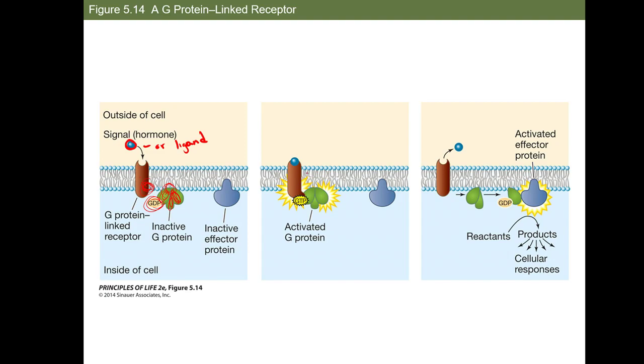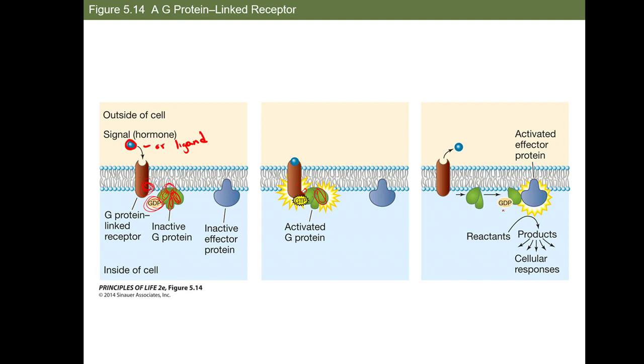So now this changes shape when the ligand is in place, giving its phosphate to the GDP, making it into a GTP. This now activates the G protein, which causes one of its little binding sites to go over and activate the effector protein.